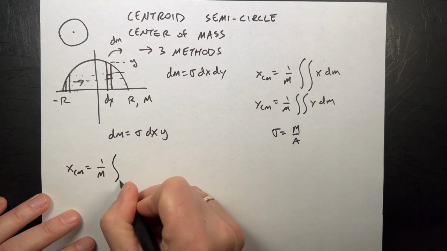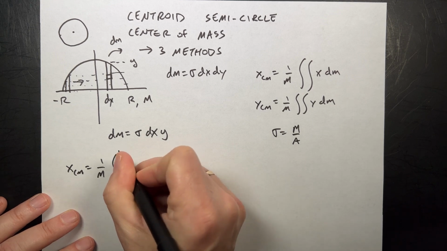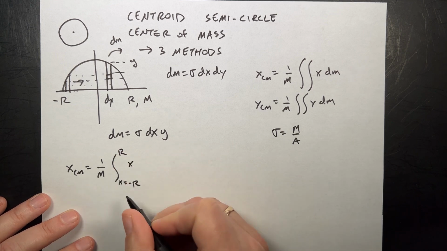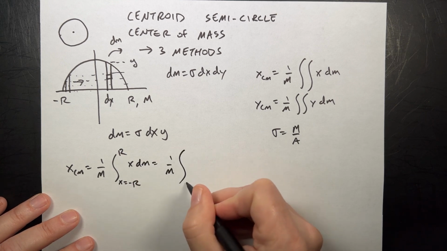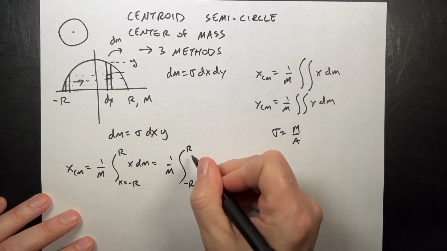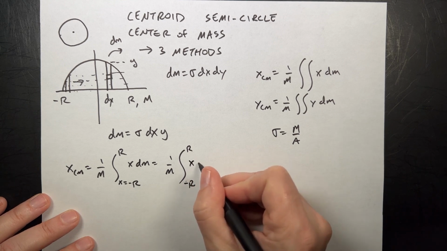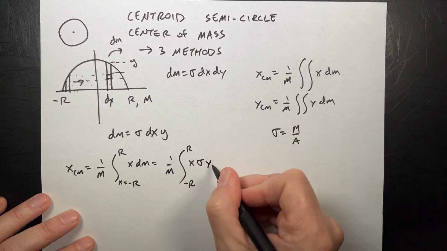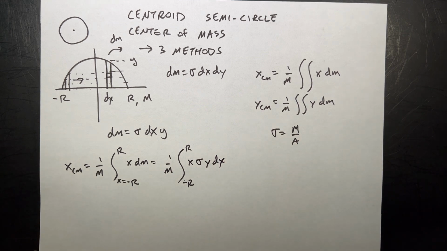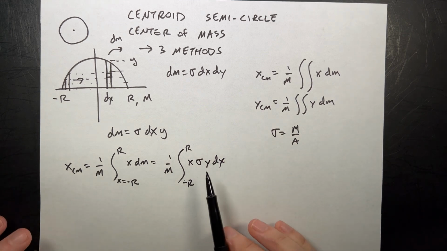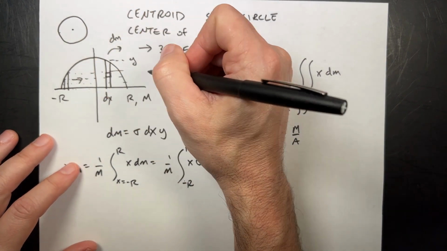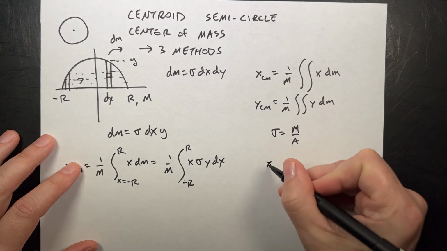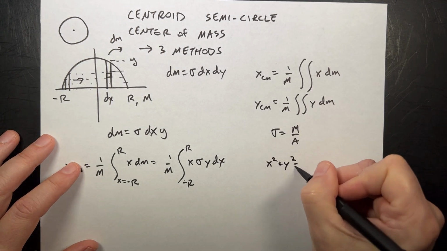So x center of mass equals 1 over the mass, integral from negative r to r of x dm, and my dm is going to be equal to sigma y dx. Now, I can't do that integral because I have an integration variable dx, but I have the variable y right here. But it's fine because I can ask, what's the equation of that circle? x squared plus y squared is equal to r squared.